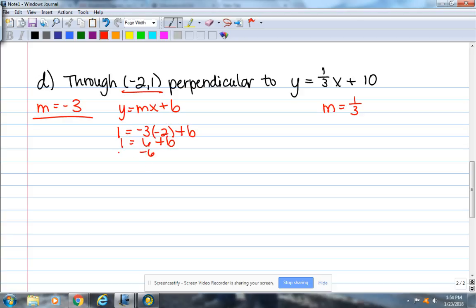And subtract 6. 1 minus 6 is what? Negative 5. So we got m, we got b. What's the equation? y equals -3x, minus 5. So for perpendicular, make sure you get the opposite reciprocal slope.